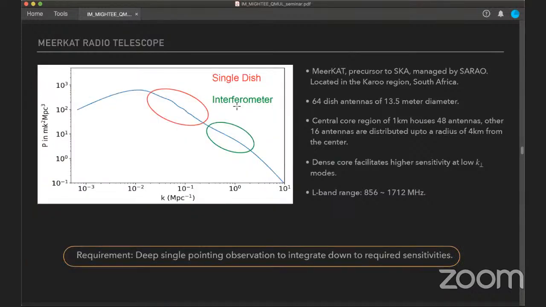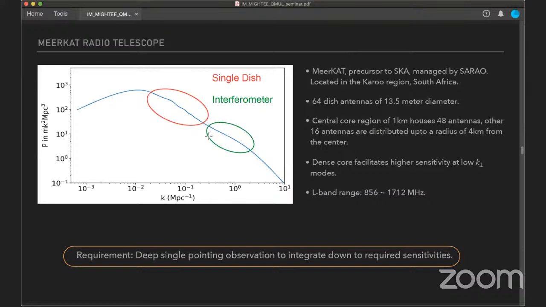And this actually shows what the K modes are that are accessible to us. So the curve here shows us the K modes that are accessible to us in the single dish mode, and there is a separate project going on in parallel, intensity mapping with the MeerKAT single dish. The one that we are currently working on is the interferometric mode.